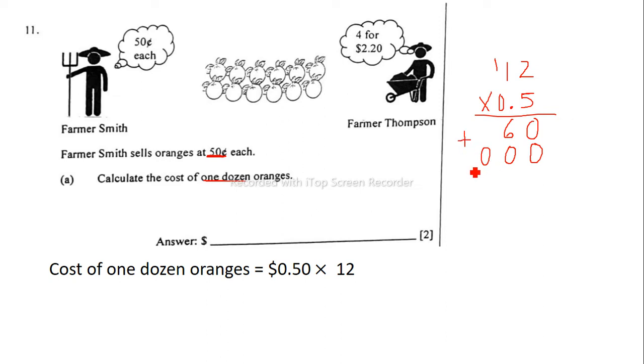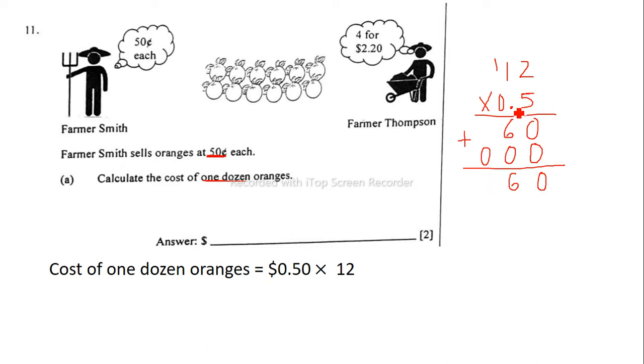We add these: 0 plus 0 is 0, 6 plus 0 is 6. We could put the 0 in front, but that doesn't matter, so we leave it like that.